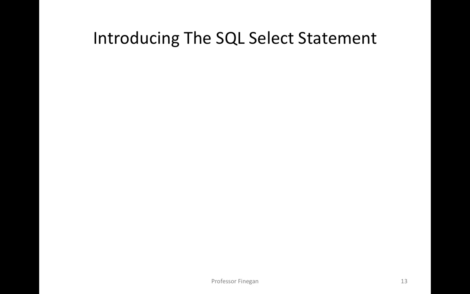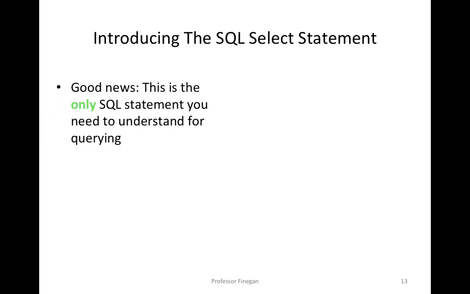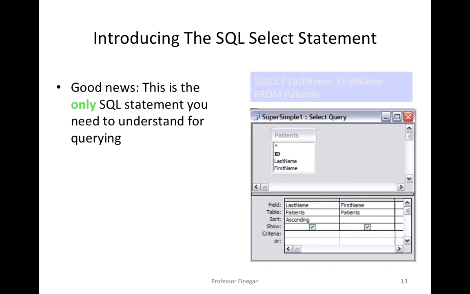So right now, I want to talk a little bit about select. At the highest level, the select statement is the key statement that you need to understand querying. Within that, it is going to allow you to really see and really show what you are looking to run and how you're looking to run it.